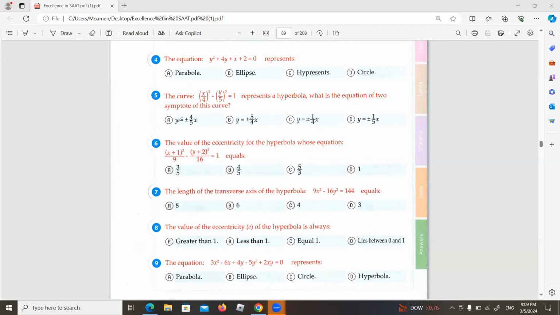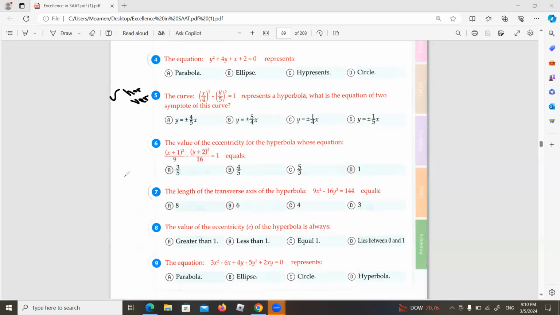So I have to get the equation of the asymptote line. First, it's a horizontal hyperbola, or a vertical hyperbola? Mister, when we start by x, it's horizontal. Yes, excellent.